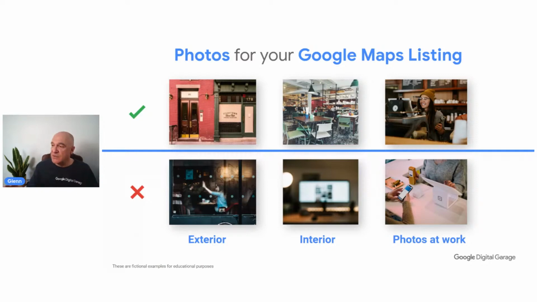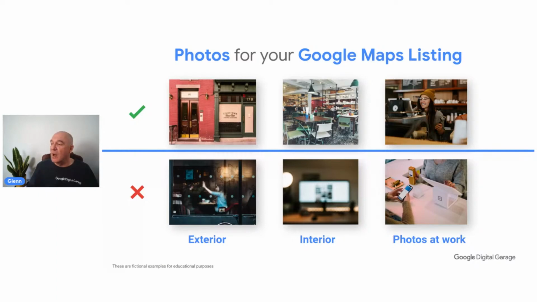You can see in contrast that the exterior photo below that in the line with the red X on, I mean, that doesn't tell us much at all. I'm not really sure what's going on there in any sense. That's not going to help me to grow a better understanding of that business. The interior picture in the middle, I mean, is just nothing. That may as well not even be there whatsoever.